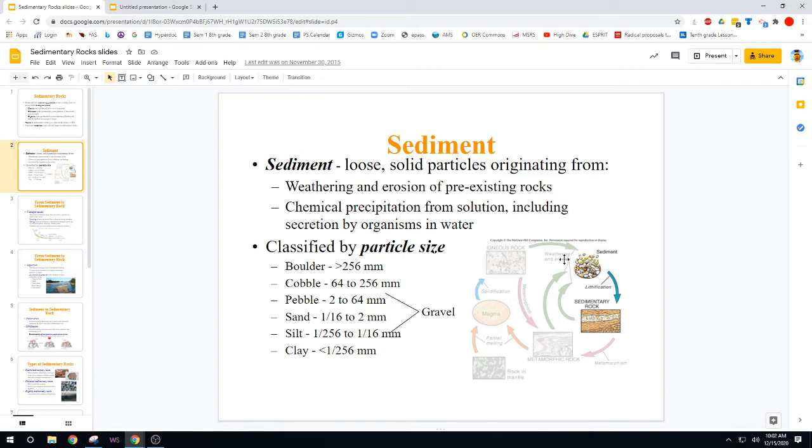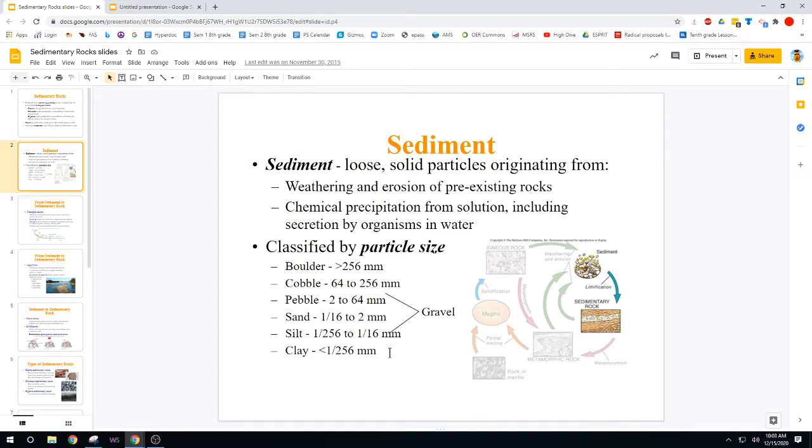So sediment is anything that is smaller. If we have a larger rock and it has been broken down, the thing that has been broken down is called sediment. And sediment is classified by its size. Now we can have boulder, cobble, pebble, sand, silt, and clay. And in eighth grade, we are going to distinguish, for the most part, just a couple.